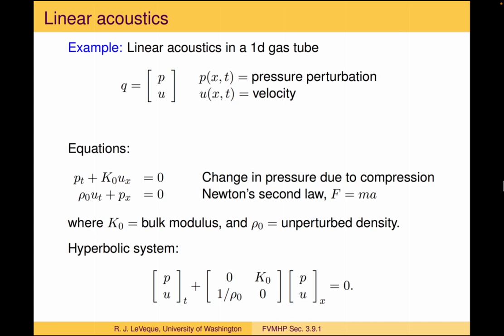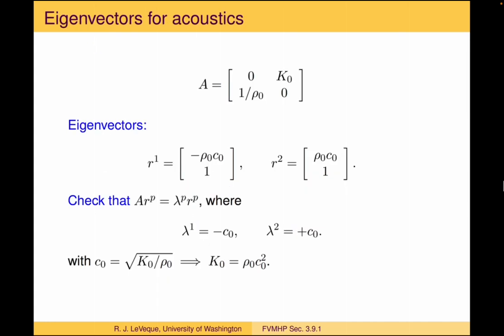And for this matrix, it's easy to compute the eigenvalues and eigenvectors. The eigenvalues, as we saw before, are simply plus or minus c0, where c0 is the speed of sound for this particular state that we're linearizing about. It's the square root of the bulk modulus divided by the density.